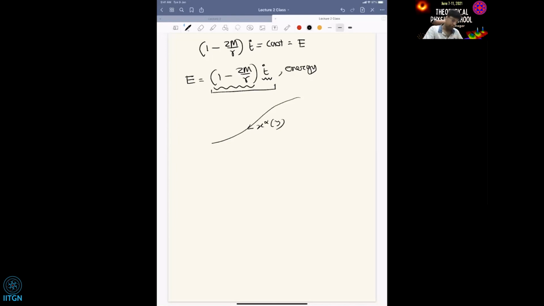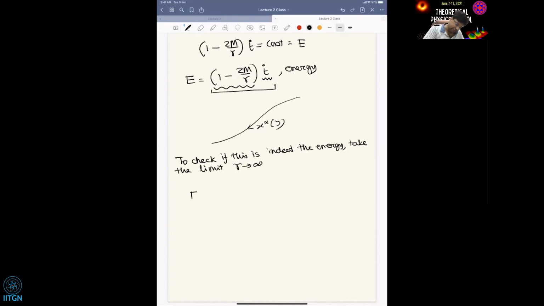To check if this is indeed the energy, take the limit r goes to infinity. That means you are very far away from the black hole, or the central object. For that matter, it doesn't need to be a black hole; as long as it's a central object, the sun is also good enough. So we are far away from the sun.